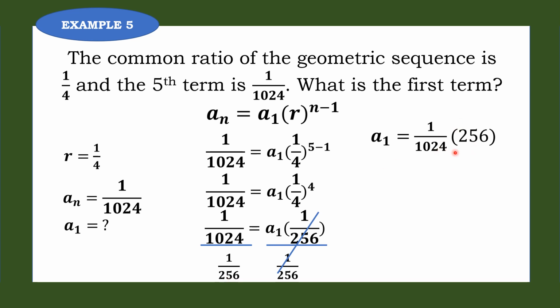And then we simplify this. We have a sub 1 equals 256 over 1024. And in lowest term, a sub 1 is equal to 1/4. It means that the first term of the sequence with the common ratio 1/4 and the fifth term 1 over 1024 is equal to 1/4.